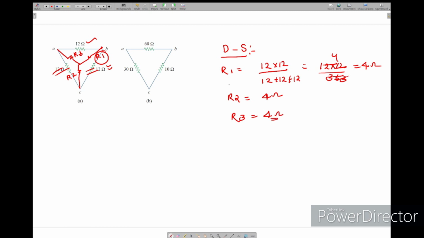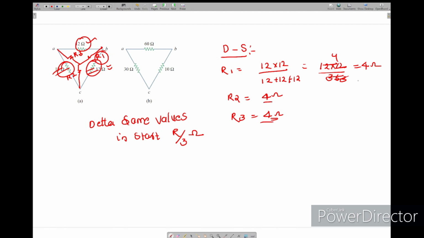Because when you have the same values in delta, in star we get that value divided by 3. That's the result. If it is 12 ohms, I got 4 ohm, 4 ohm, 4 ohm. We can verify also.